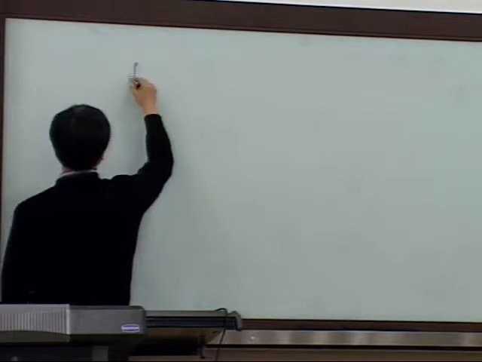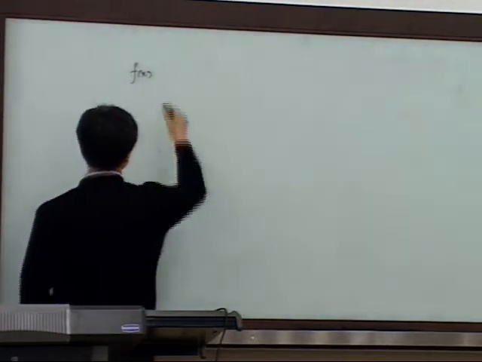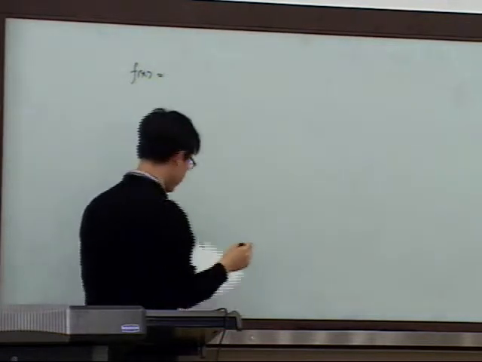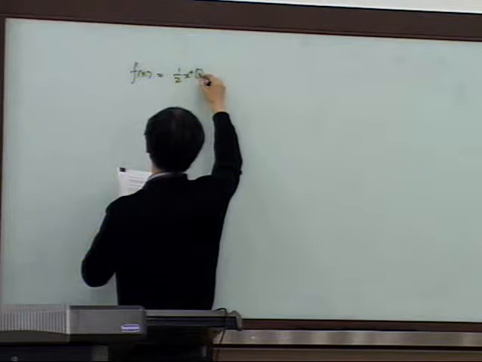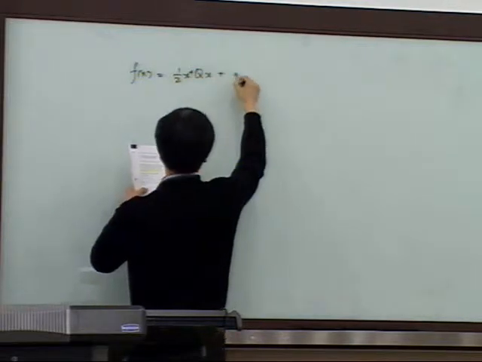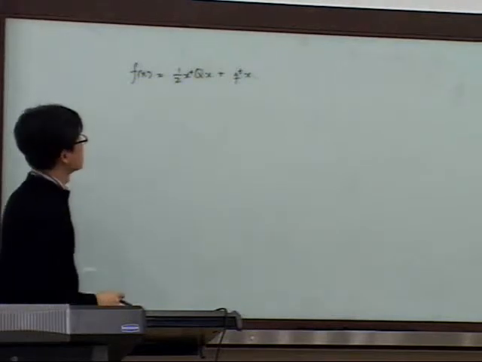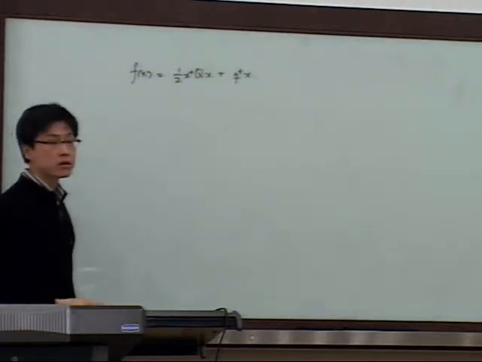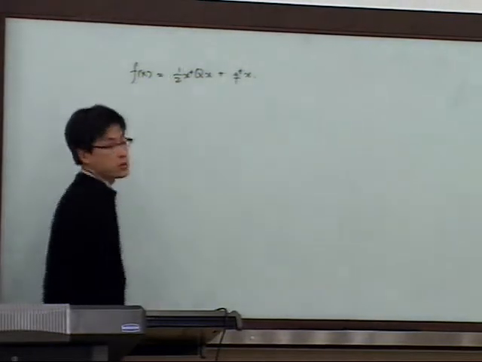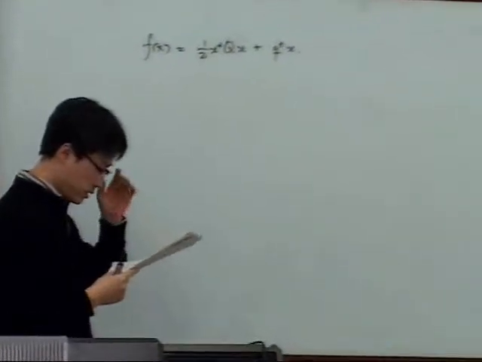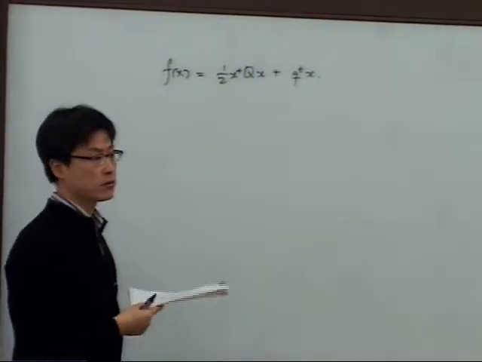Let's say there is an objective function in quadratic form. X is a vector, large Q is a matrix, small q is also a vector. This is a simple quadratic form.